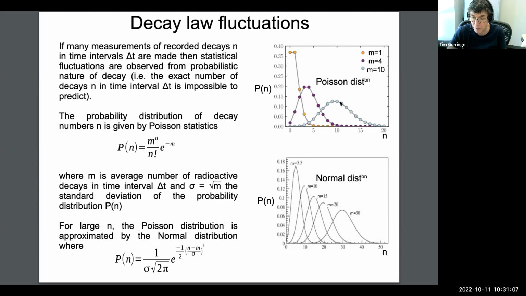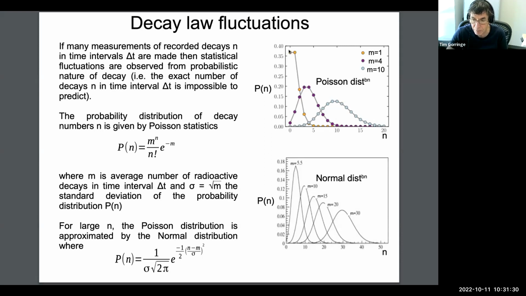If you did the measurement many times and calculated the mean number of decays, you would get 10. So the orange points show you the probability distribution for different outcomes for a mean of 1, and the light blue points show the probability distribution for a mean value of 10.